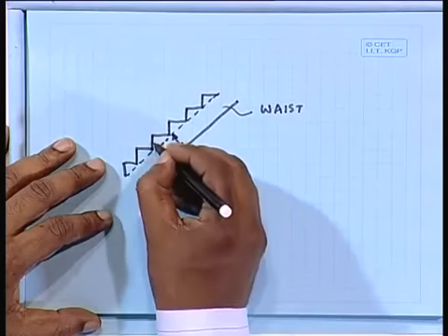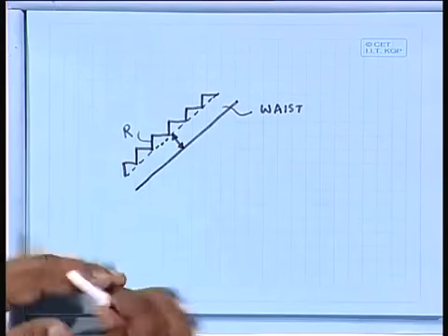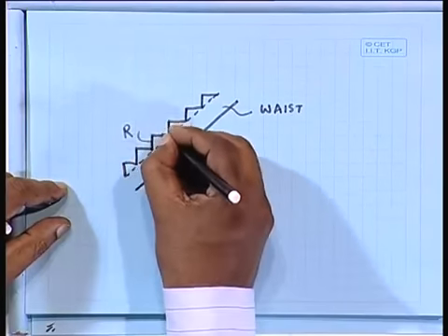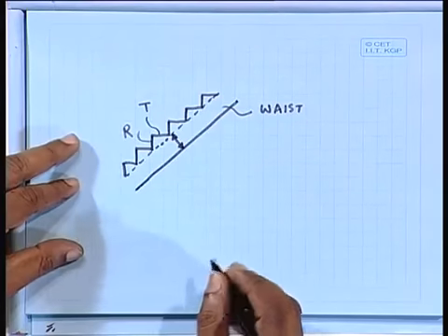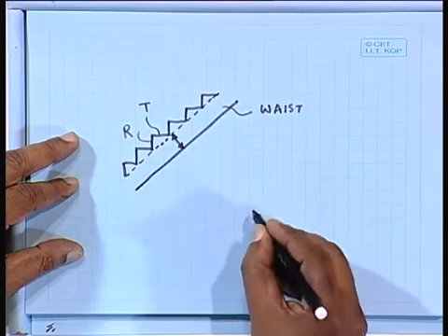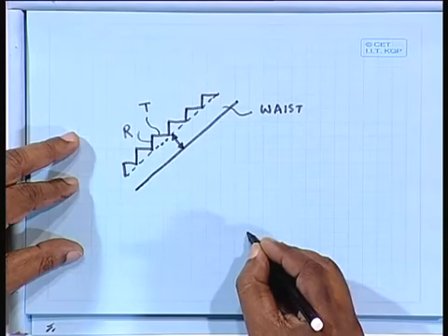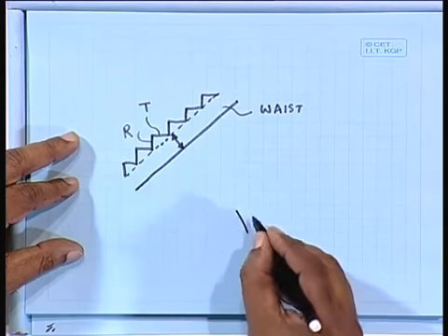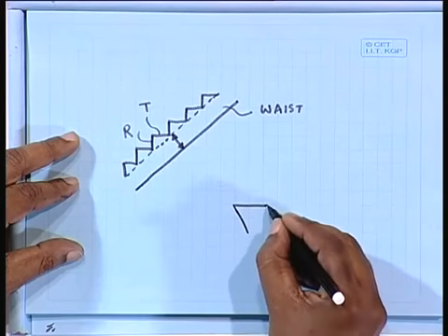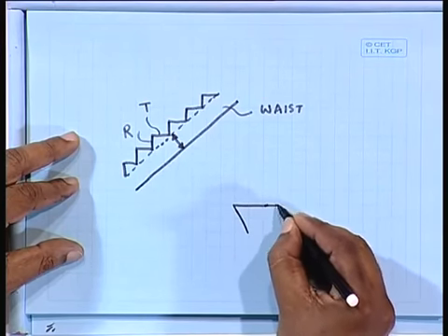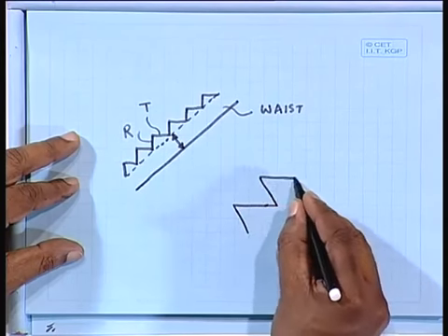There are two things. One is called the rise, R, and the other is called the tread. Sometimes the step is projected a little bit, so let us give some kind of projection, and then I can go on again with two steps. Yes, like that it will go.